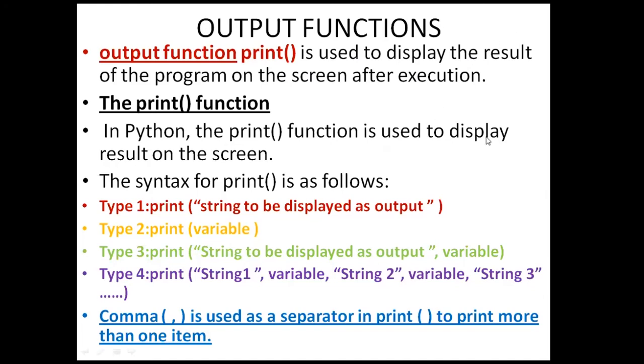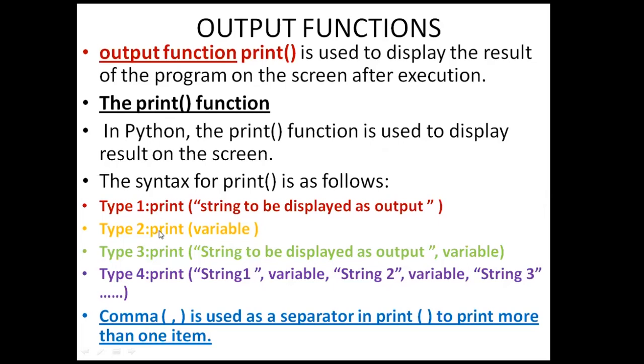The print function is used to display results on the screen, and there are 4 ways to use your print function. Type 1: just use print, open your bracket, within double quotes, type the string you want to be displayed, close your double quotes, close your bracket. This is one way to use print.